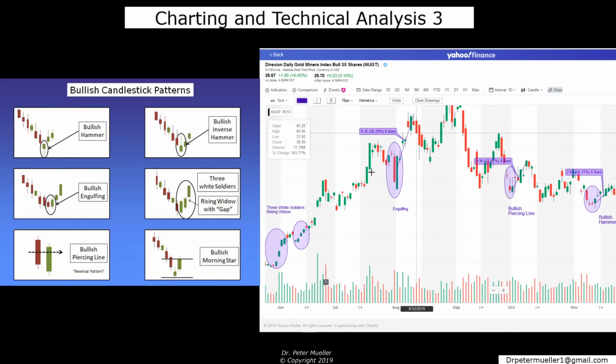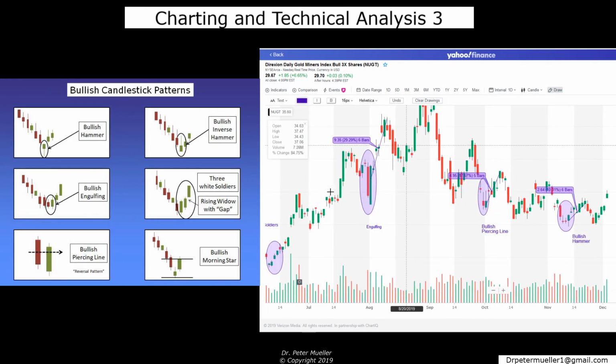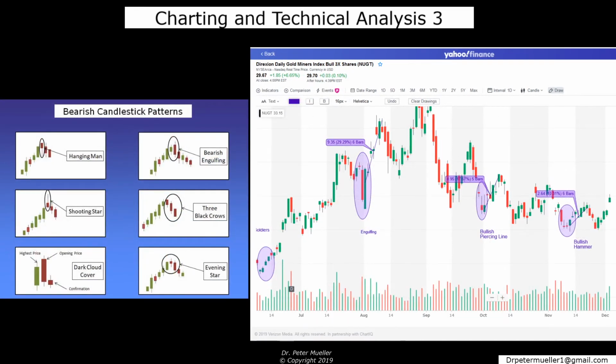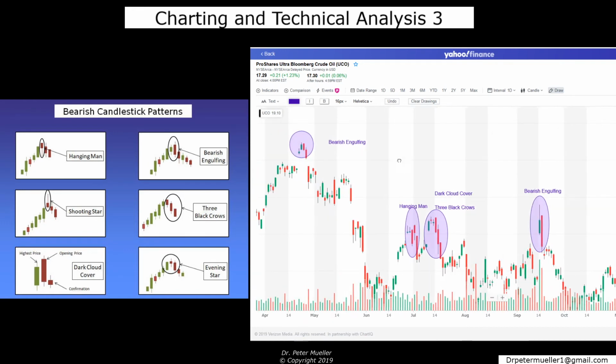You see, it is not fully engulfing, but the green bar goes through more than 50% of the body of the red bar, setting up a bullish pattern. And last but not least, this is a bullish hammer. You can see the body has a shaven top and the shadow is on the bottom, setting up a bullish pattern.